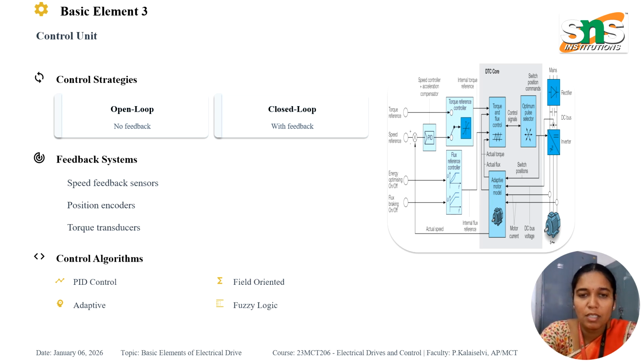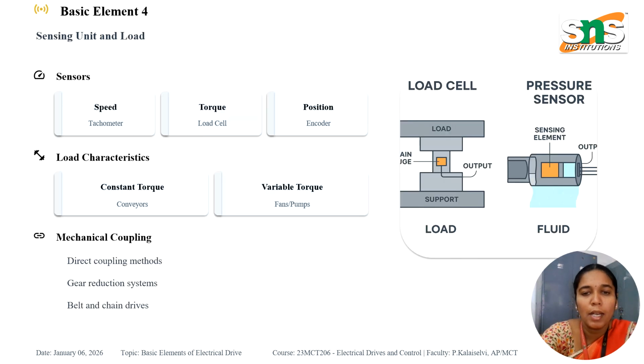The feedback devices include speed sensor, encoder and torque sensor. The common control methods are PID controller, field oriented control, adaptive control and fuzzy control.